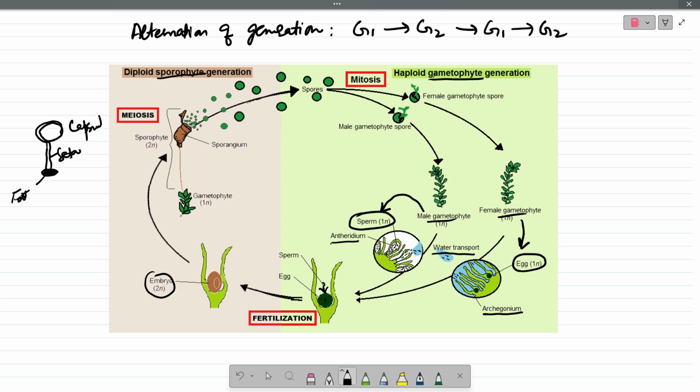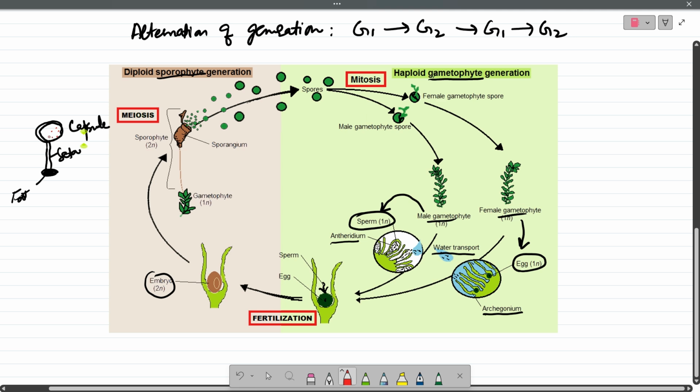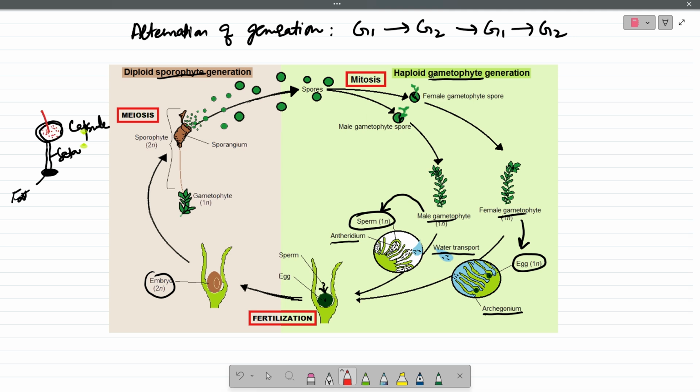This capsule consists of spore mother cells, which undergo meiosis and result in the formation of haploid spores. These spores then undergo mitosis to produce as many spores as possible in order to produce more gametophytes. So this is the normal life cycle of a bryophyte, where the haploid generation is followed by the diploid sporophyte, and this cycle goes on.